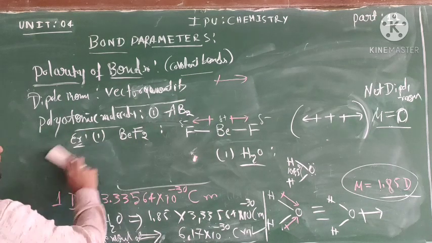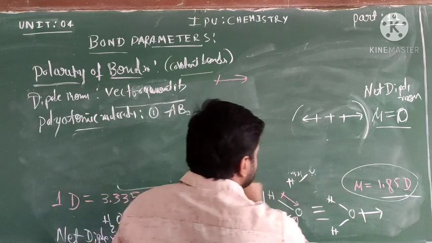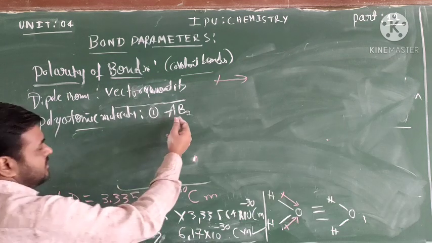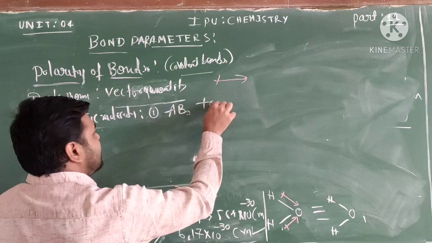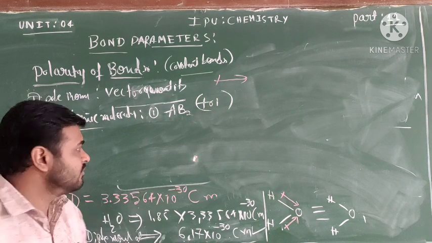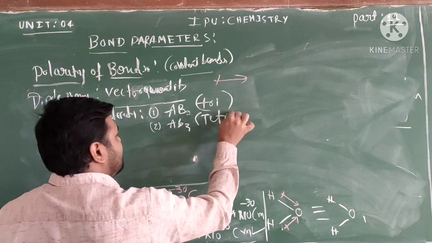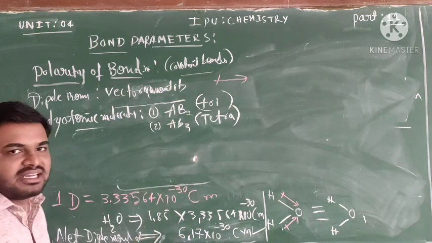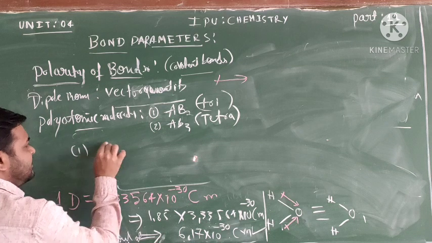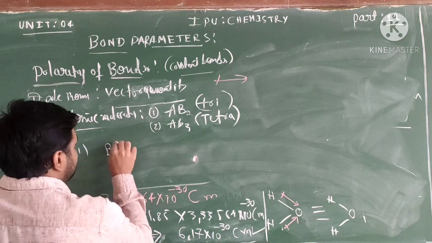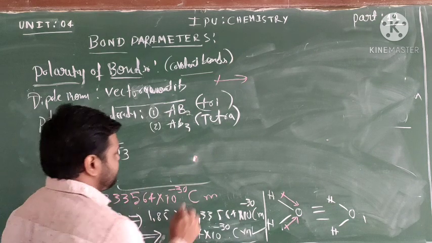Okay. Take one more example, a triatomic molecule, 2 plus 1. Now we'll take the AB3 tetra-atomic molecules. An example is BF3, boron trifluoride.